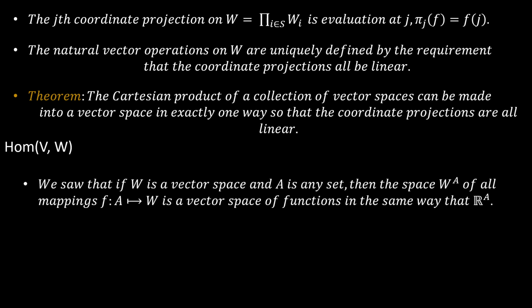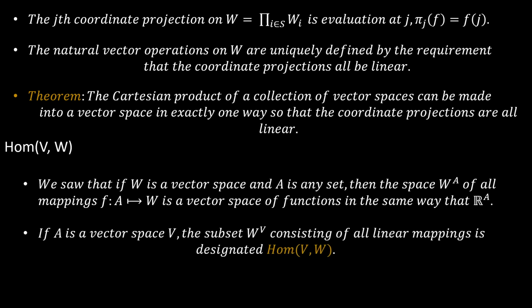Previously we saw that if W is a vector space and A is any set, then the space W to the A of all mappings F from A to W is a vector space of functions, in the same way as a transformation from A to the real numbers R. If A is instead a vector space V, then the subset W to the V, consisting of all linear mappings, is designated as the homomorphism VW.